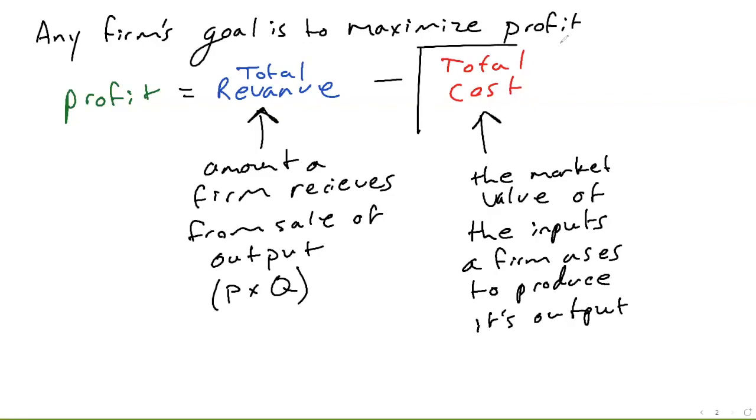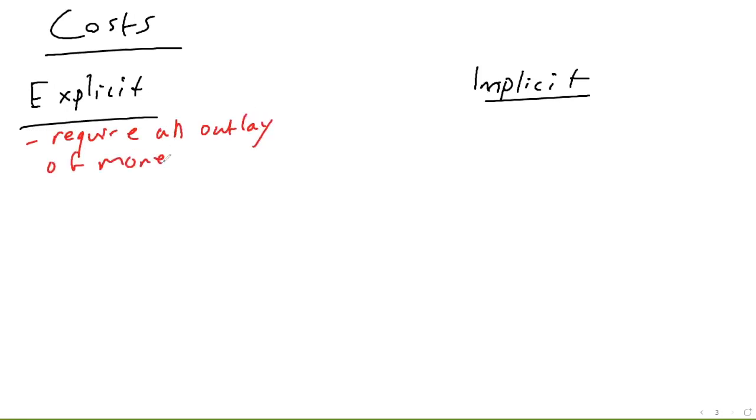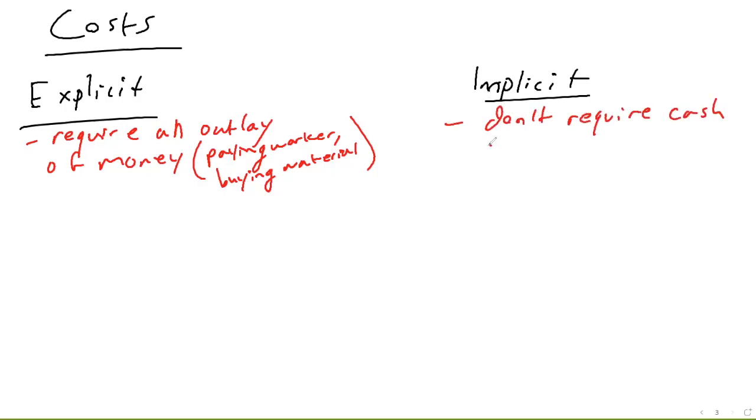And the total cost is going to be the value of the inputs the firm uses to produce those outputs. So first, let's look at what contributes to the total cost. So cost can be split into explicit and implicit costs. Explicit costs are things that you traditionally think of as costs, or things that require an outlay of money. Things like paying workers, buying raw material, whereas implicit costs don't require a cash outlay.